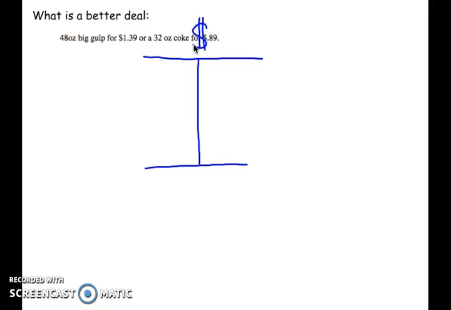And on bottom, I'm going to have ounces. And then I fill in my ratios. So the first one was $1.39 for 48 ounces. And the next one was 89 cents per 32 ounces.